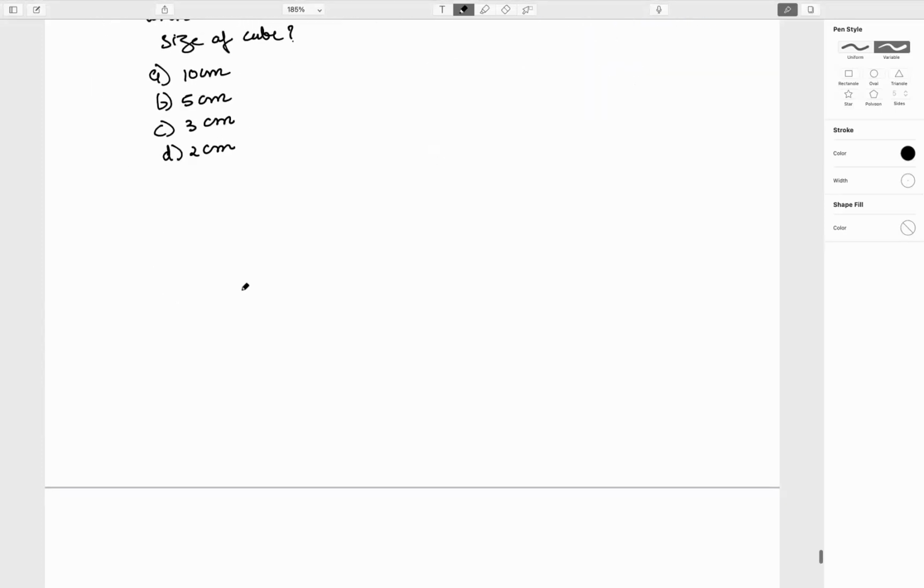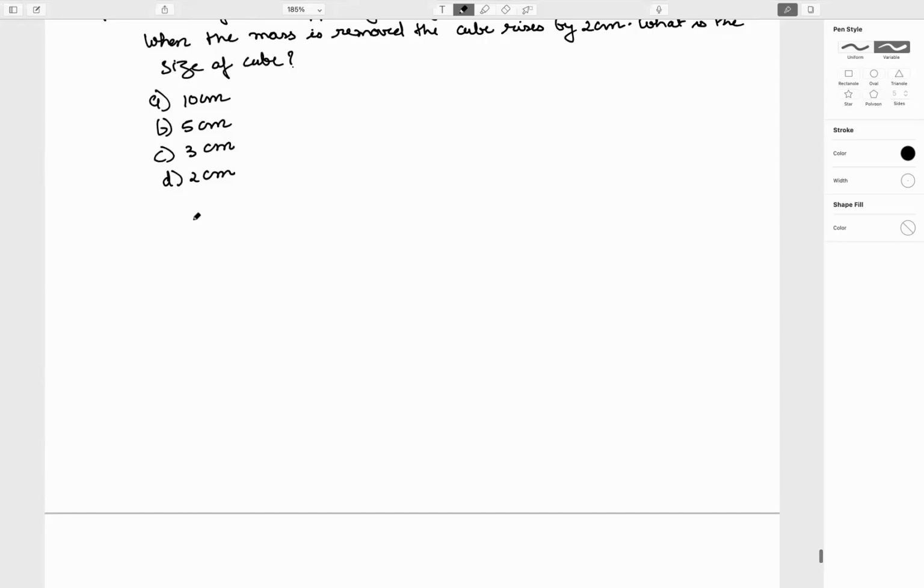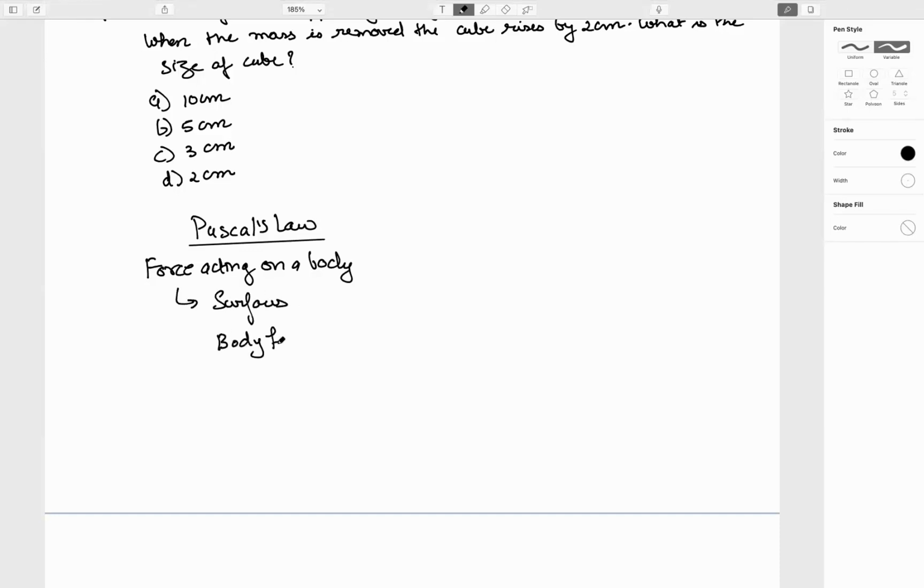So now I will be completing Pascal's law. Before we start a discussion on Pascal's law, let me revise what the forces are that are acting on a body. So there are two kinds of forces: surface forces and body forces. So let me define surface forces.